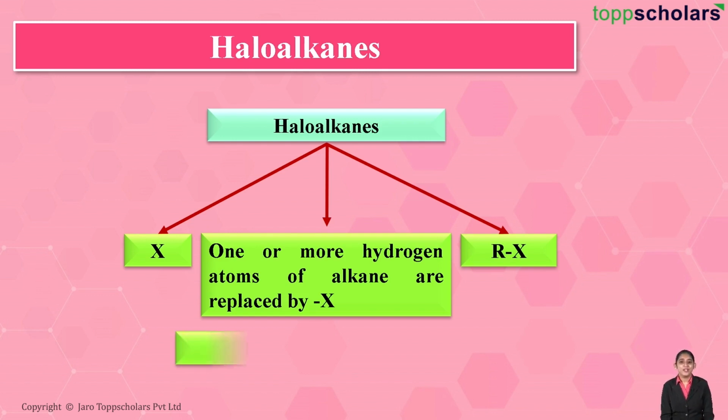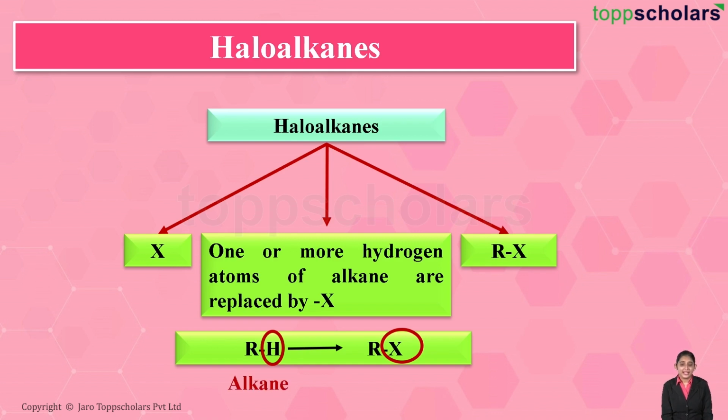Over here you can see we have the alkane RH, and one of the hydrogen atoms of this alkane gets replaced by the halogen atom. So the alkane gets converted into a haloalkane, which is also called an alkyl halide.